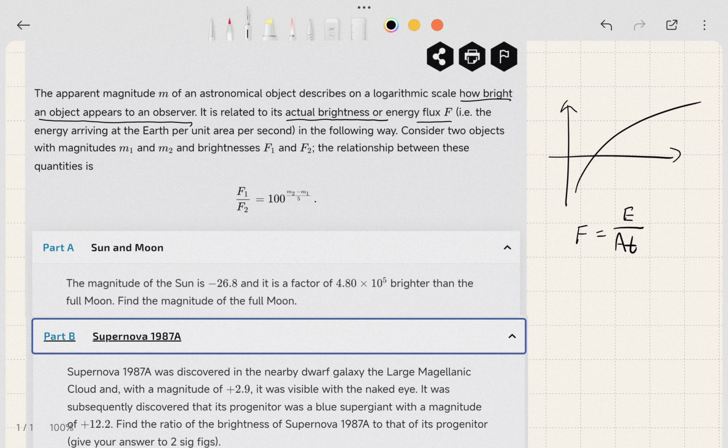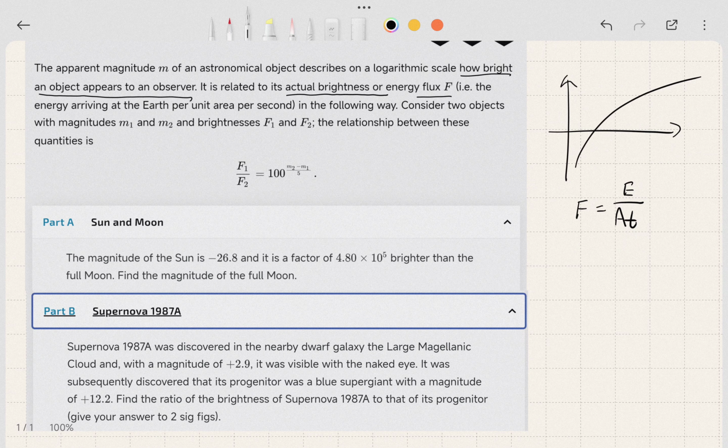So part A, it's the sun and moon. It says the magnitude of the sun is minus 26.8, and it is a factor of 4.8 times 10 to the power 5 brighter than the full moon. Find the magnitude of the full moon.